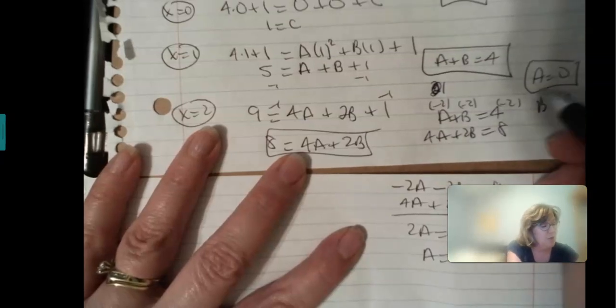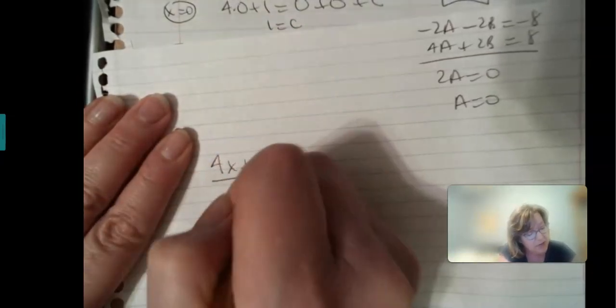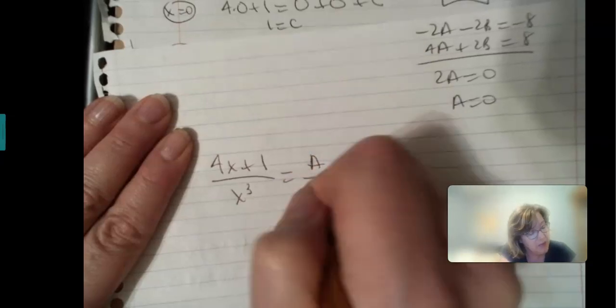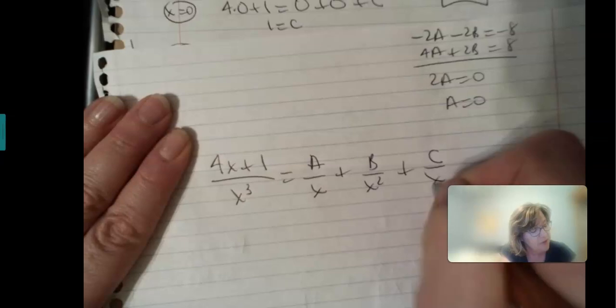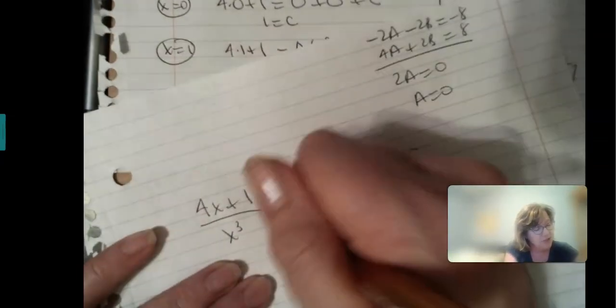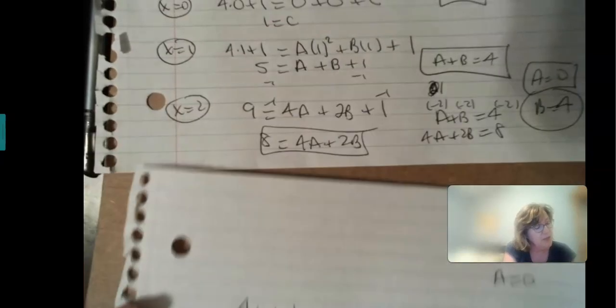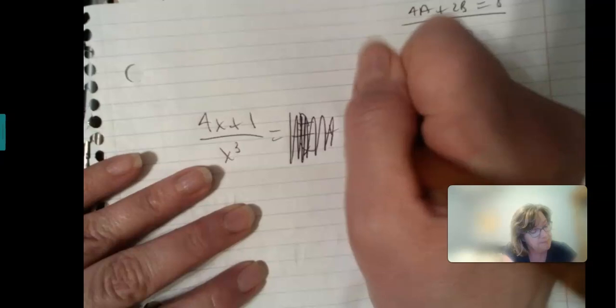Okay, so now when you rewrite it, I have 4x plus 1 over x cubed, and then I have a over x plus b over x squared plus c over x cubed. We know a is 0. So this is actually going to go away, like it wasn't even part of it. B is 4. So this guy is going to become a 4.